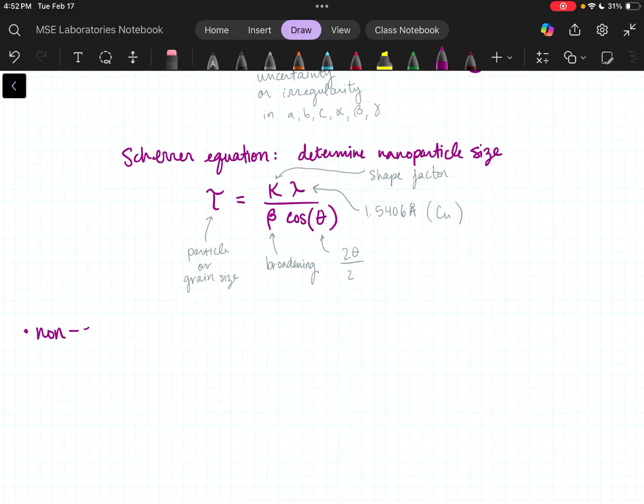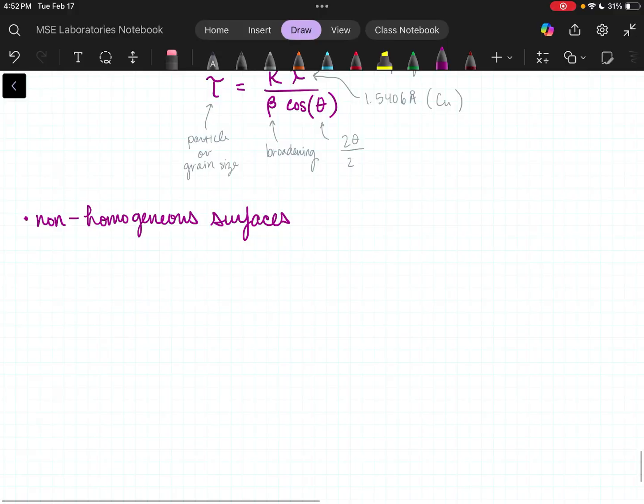All right, we're going to talk about two more kind of weird samples. We'll try to do that before 5 p.m. So the next one we're going to talk about is non-homogeneous surfaces.